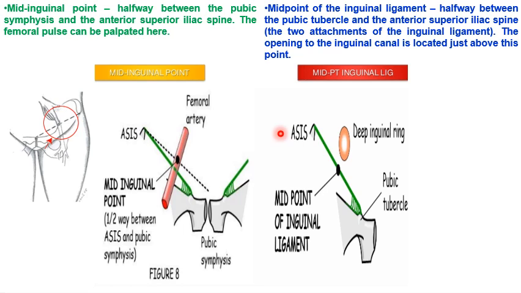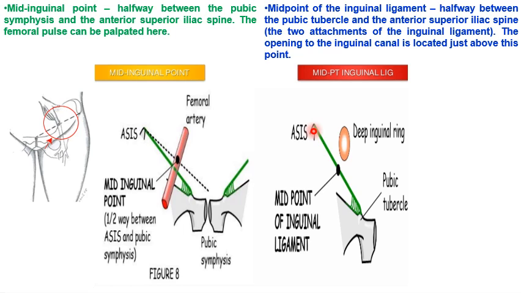Coming to the midpoint of the inguinal ligament. You all know by now that the inguinal ligament extends from the anterior superior iliac spine to the pubic tubercle. So the midpoint of the inguinal ligament is the halfway point between the pubic tubercle and the anterior superior iliac spine.